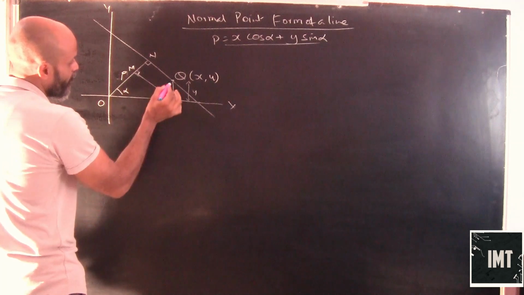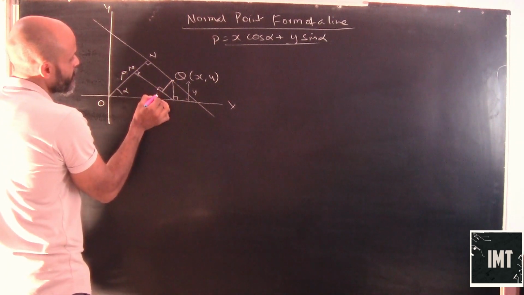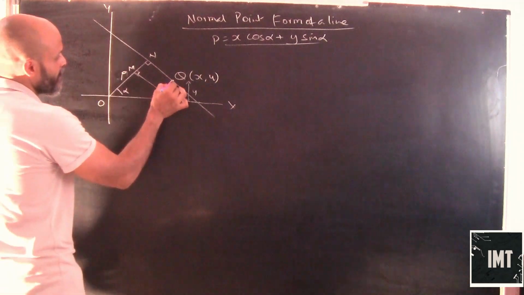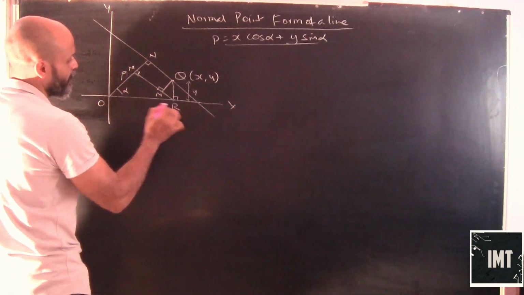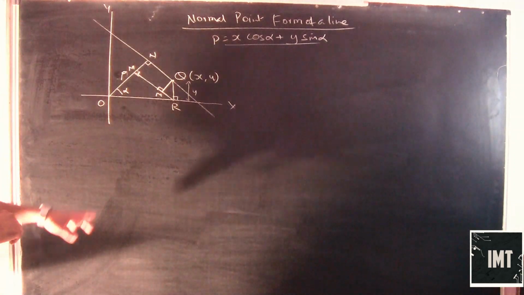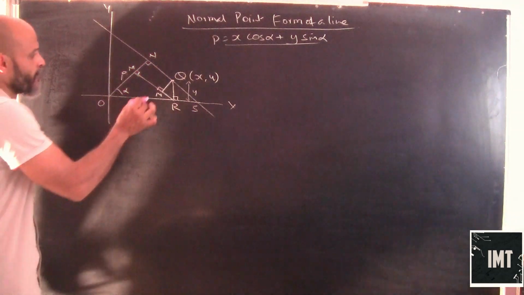Now again, on this one we drop a perpendicular. So let's say the foot of this perpendicular is N. Let's say we name this as R, and this is S. So a complicated figure basically.